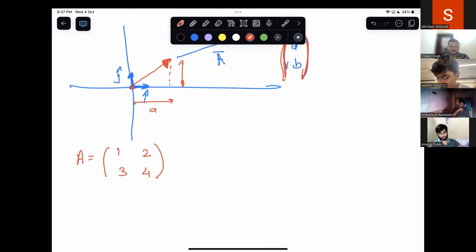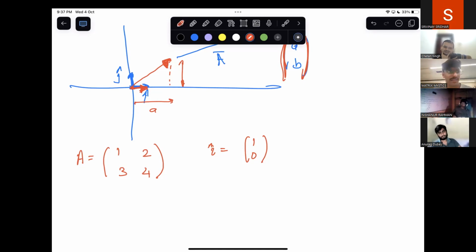I'll consider a vector i cap. i cap is the simplest vector we can consider. It is just a vector from 0 to 1 on the x axis. So I can represent that vector i cap as 1 0, because its x coordinate is 1 and y coordinate is 0.